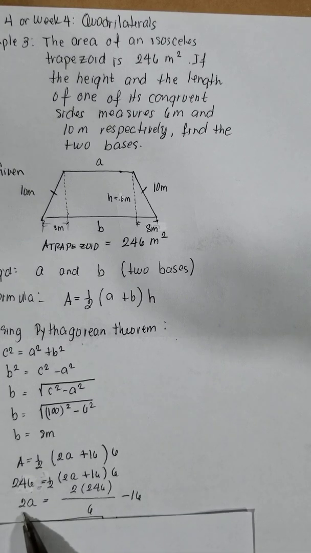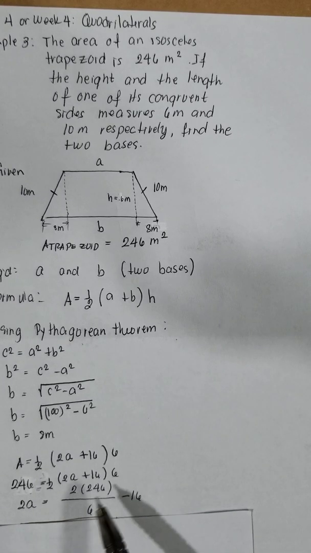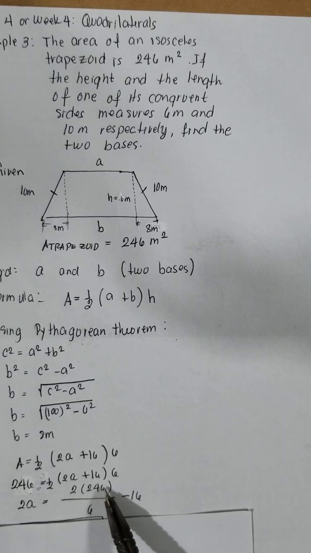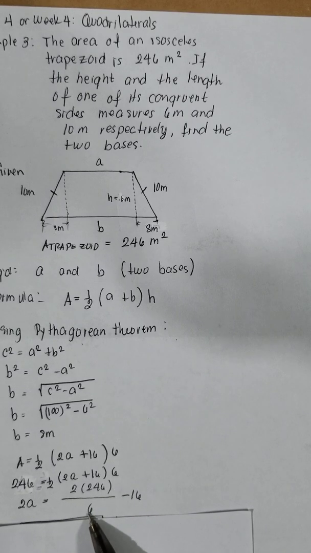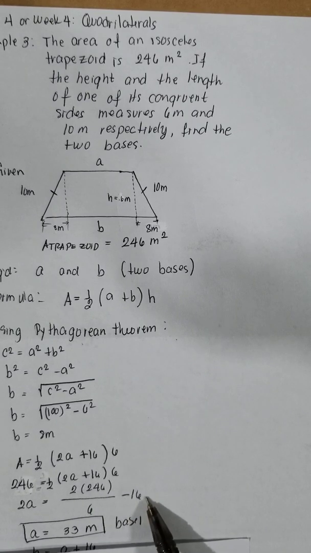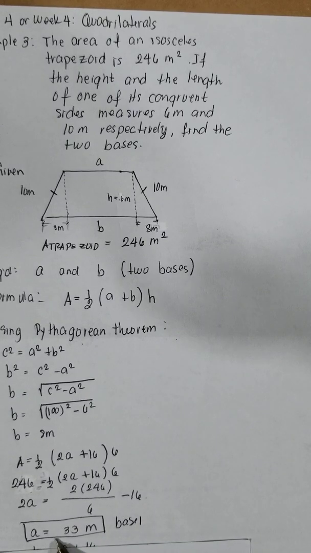Solving for 2A gives us 2 multiplied by 246 divided by 6 minus 16. Therefore, A is equivalent to 33 meters.